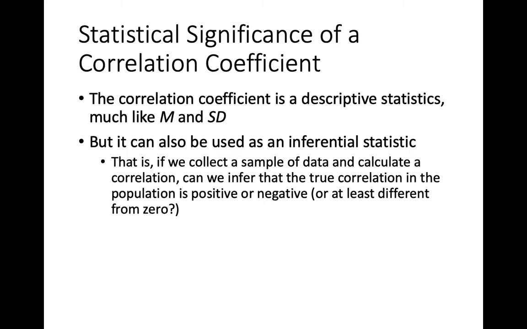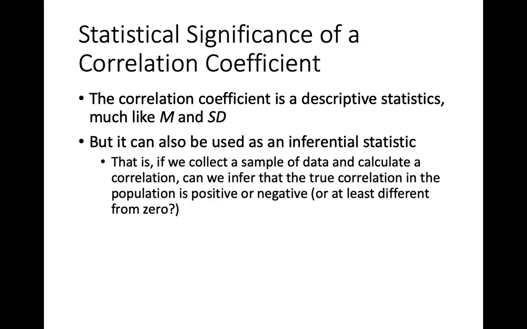Let's move on to review the statistical significance of a correlation coefficient. I had mentioned that a correlation is a measure. It can be used as a descriptive statistic, much like a mean or a standard deviation, to merely describe the strength of the relationship between two variables.